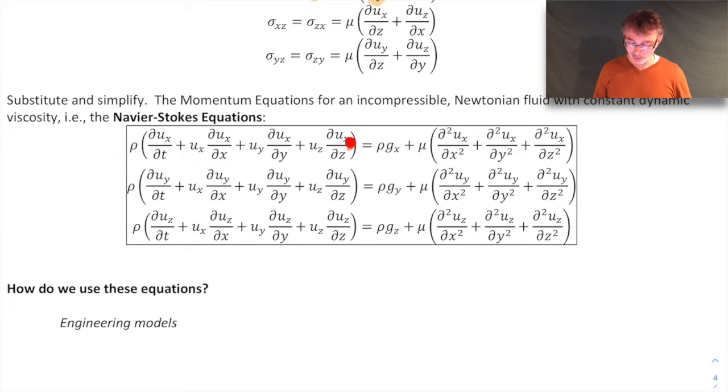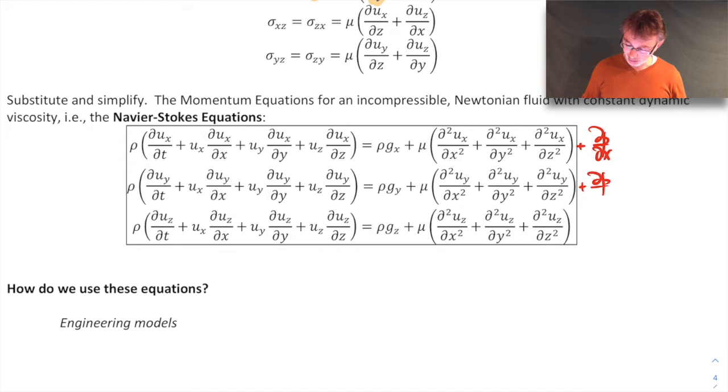The next set of terms with the ux, dux dx, etc., those are your linear momentum flux terms through the sides. So coming in and out through the left and right, and top and bottom and front and back. So that's your x linear momentum flux set of terms. The rho gx, that one's pretty straightforward. That's just your body force term. And then this last one, those are your, oh, you know what? I forgot a term in here. How wrong of me.